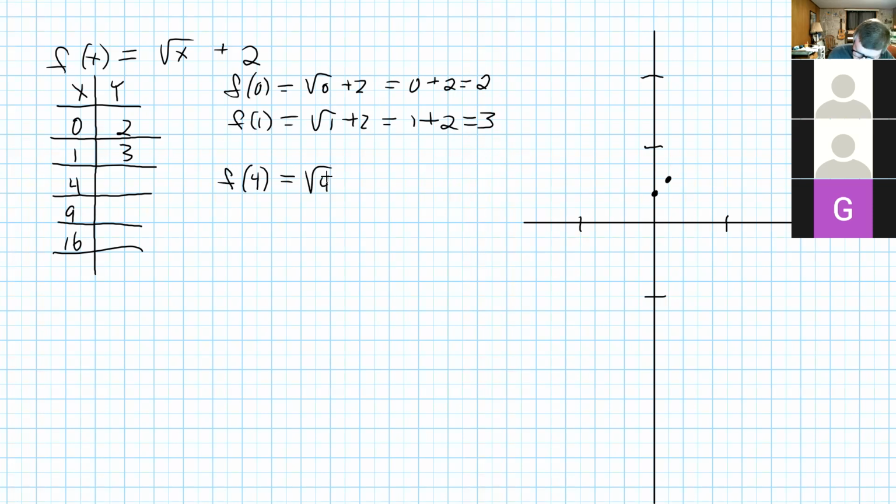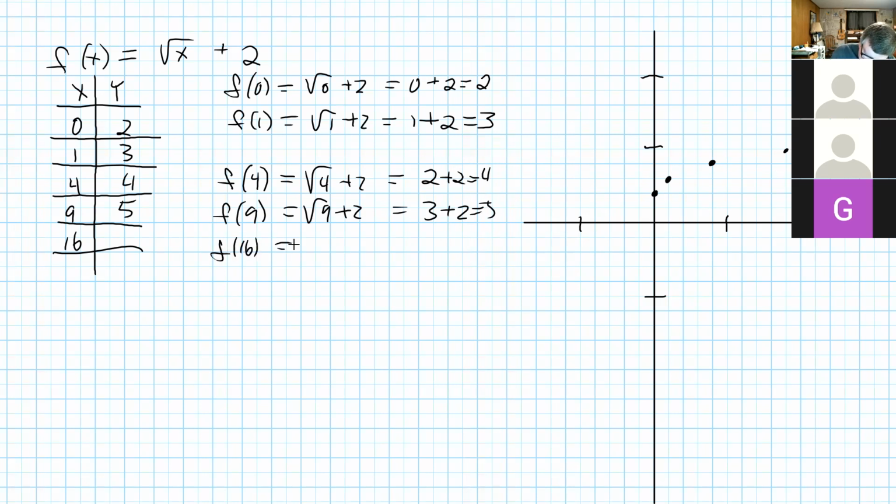Let's see, the f of 4 is the square root of 4 plus 2, which is 2 plus 2, which is 4. F of 9 is the square root of 9 plus 2, which is 3 plus 2, which is 5. And f of 16 is the square root of 16 plus 2, which is 4 plus 2, which is 6.